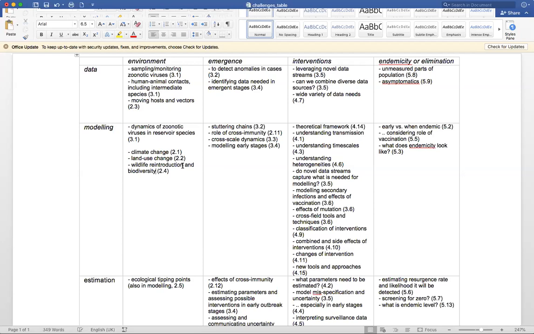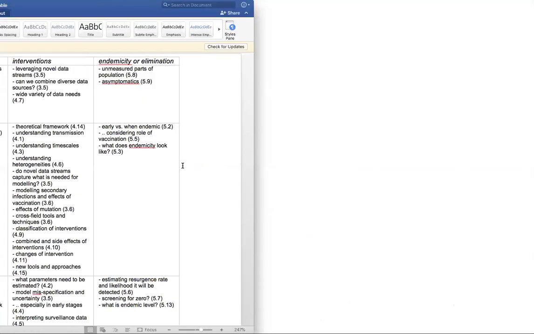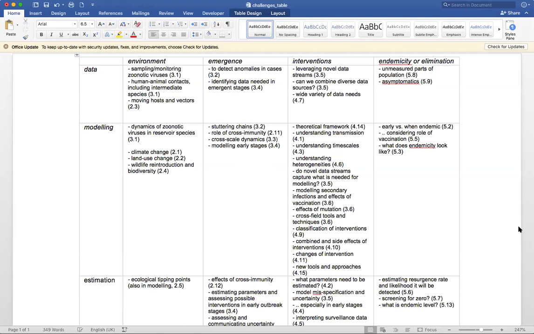Right. Okay. Can I ask? You have, I think, about 6 at the moment. Stuttering transmission, and we've already got in here somewhere stuttering chains. I think that's in 3.2, under emergence modelling.